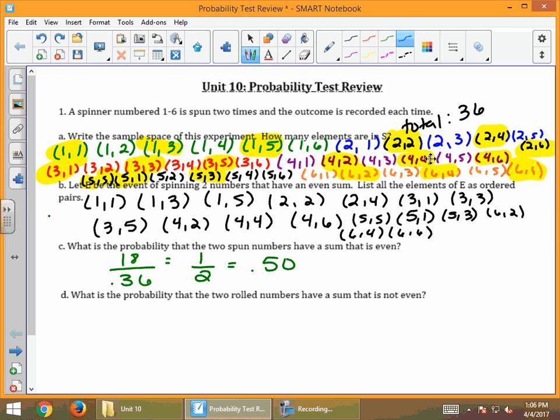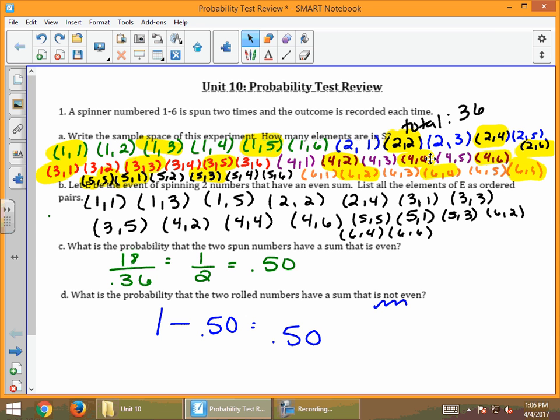One way you can look at it is just do 1 minus the probability that it will be even. So whenever you see this word not, you're just taking the probability that it will happen and subtracting it from 1. 1 minus 0.50 is 0.50. So in other words, think about it, there's a 50% chance that it's going to happen. That means there's a 50% chance that it's not going to happen.